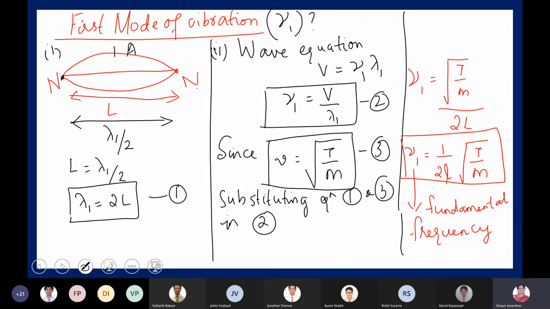Copy down. Or we call this the first harmonic. Is that fine?